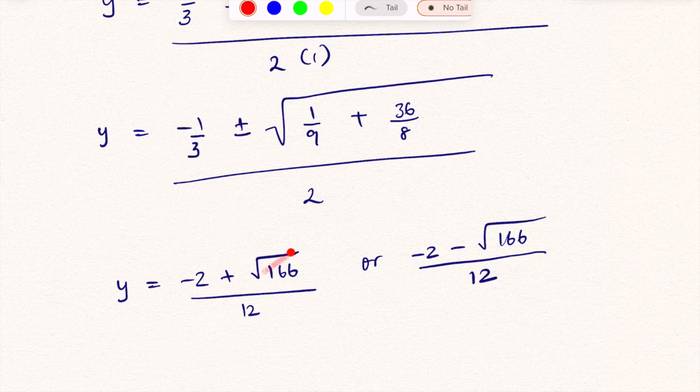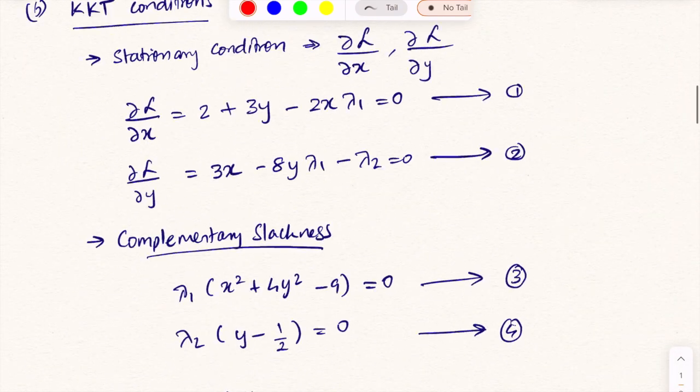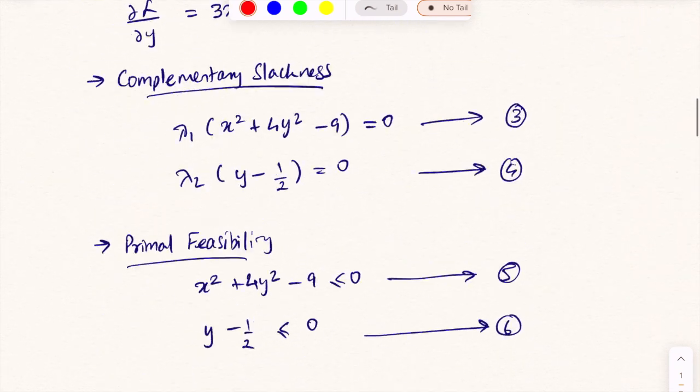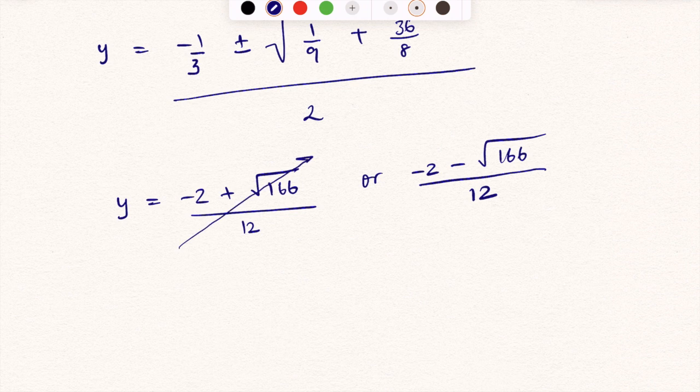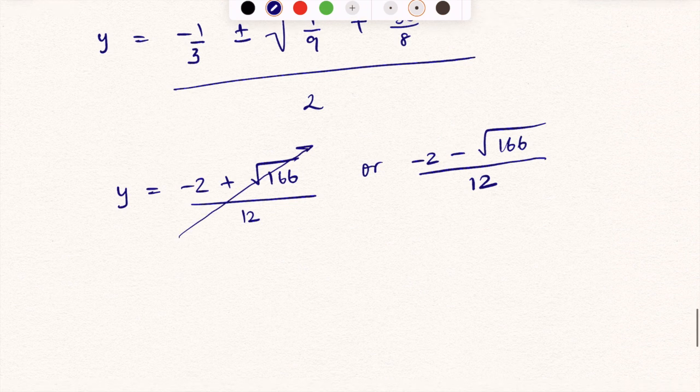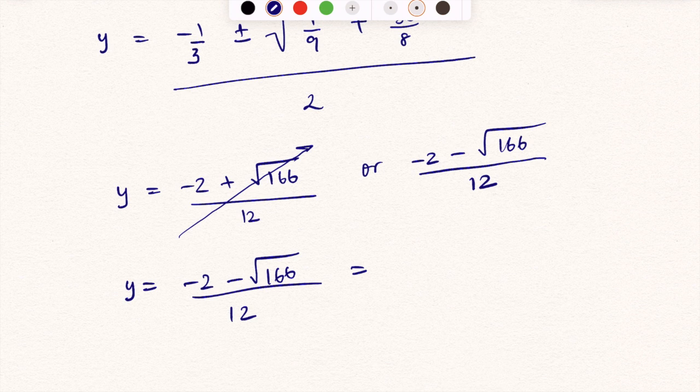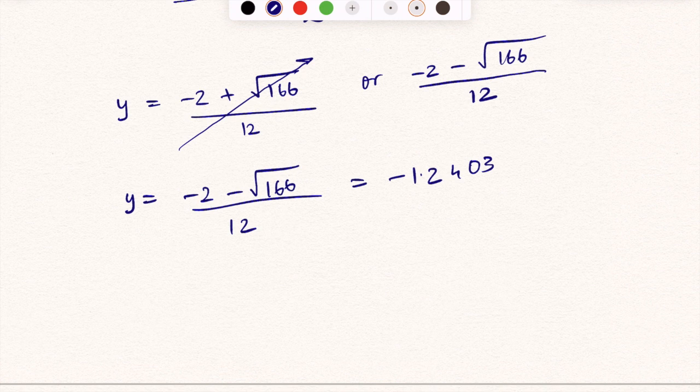When we consider the plus case, this ends up being more than 1/2, which violates the constraint that y has to be less than 1/2, which is your constraint G2 all the way up here. So we can ignore this case, and we set y equals minus 2 minus square root of 166 divided by 12, which is equal to minus 1.2403, which satisfies constraint G2.